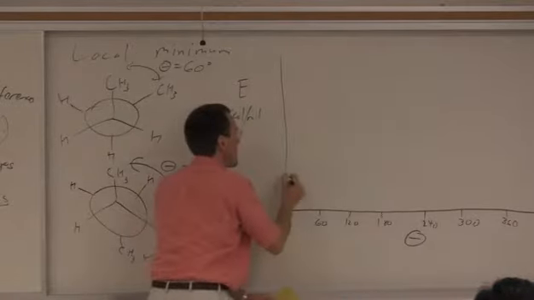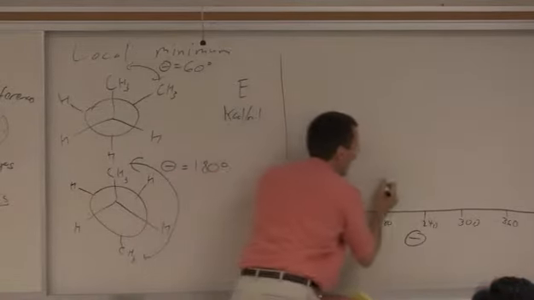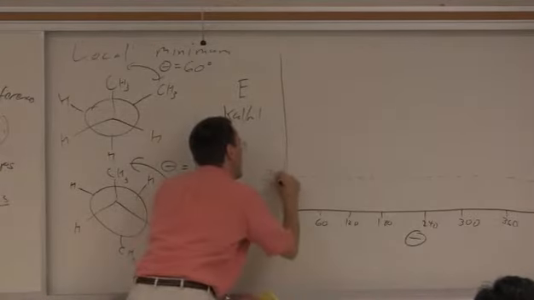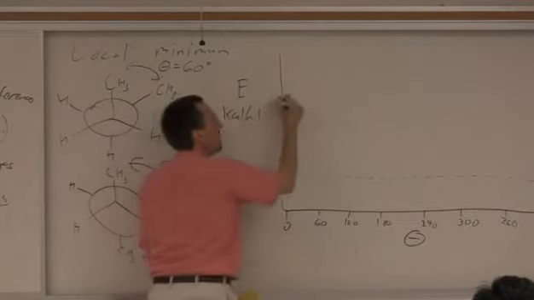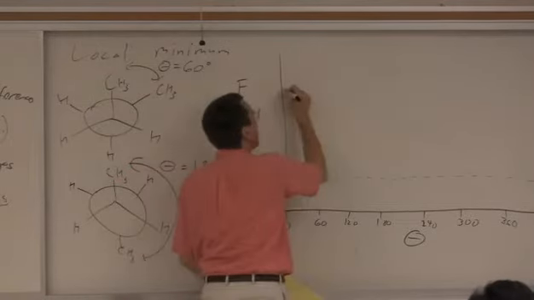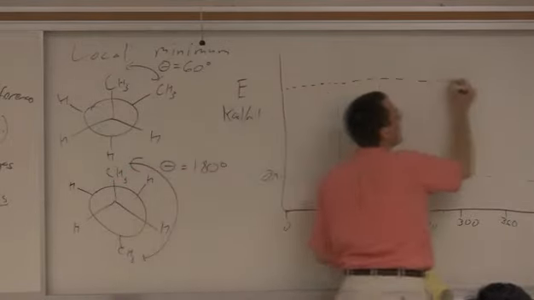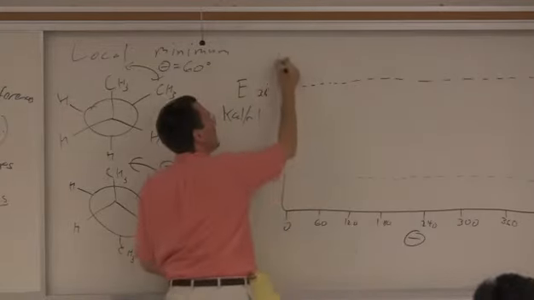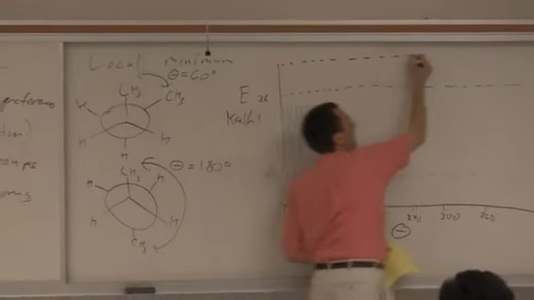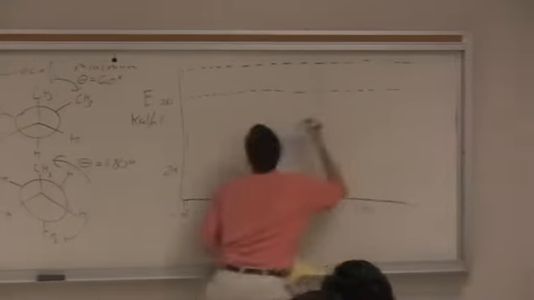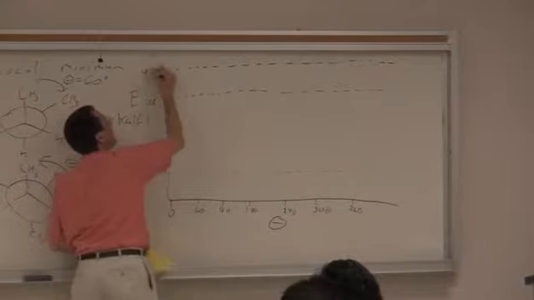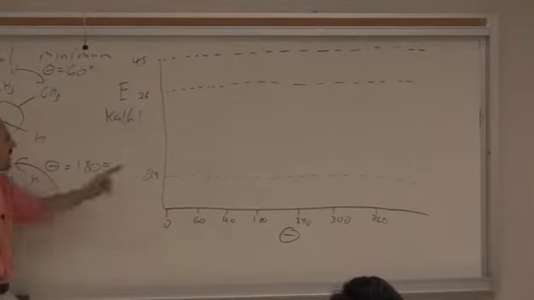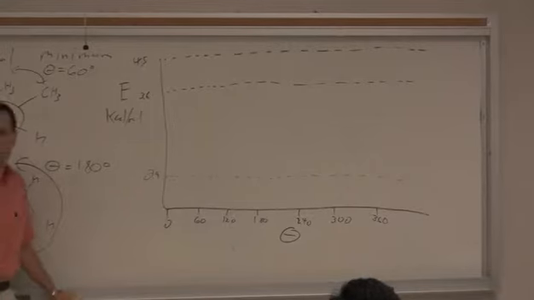So I'm going to give myself a guideline here. 0.9. Another guideline here. 3.6, and another guideline here, and 4.5.